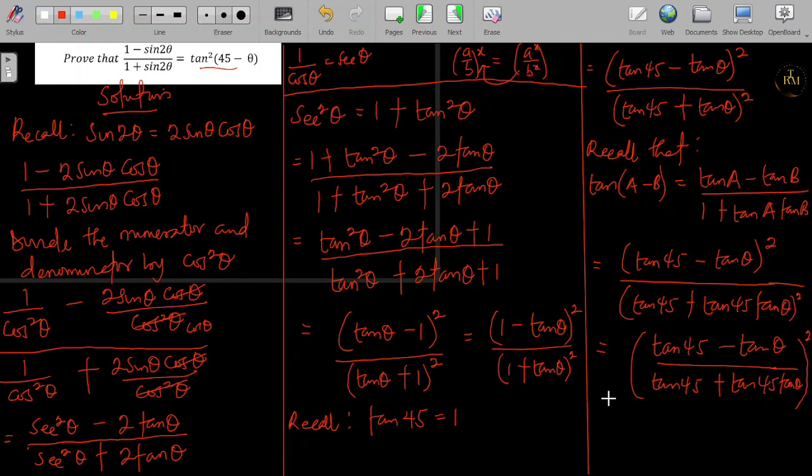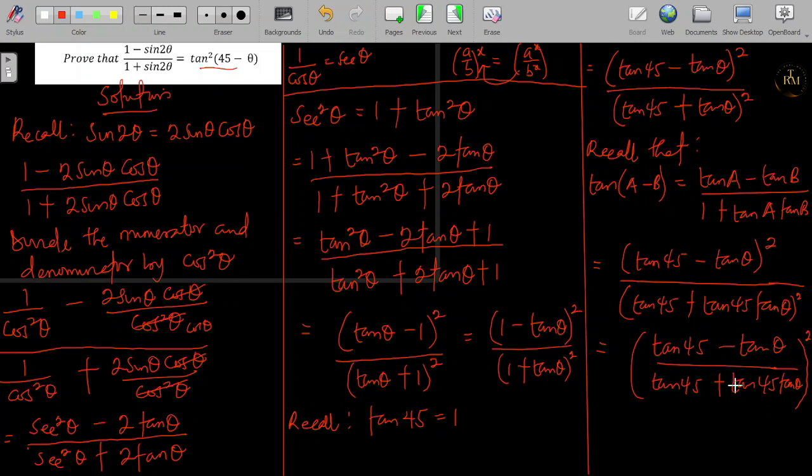So it's the same thing. What I have here, inside of this bracket, looks like something here, right? You can see tan A, which is like tan 45, tan B, which is like tan theta, 1, which is the same thing as tan 45, if you know what I'm talking about.